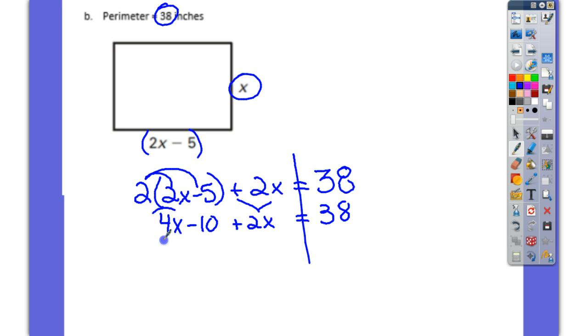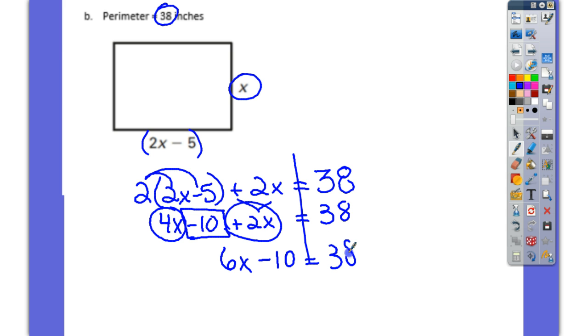My like terms are a 4x and a 2x. Combine those, I get 6x. And then I need to bring down my minus 10. There's nothing to combine that with. And bring down 38. Now, Red Rover, send over. Let's get our numbers all together over here on the right side.